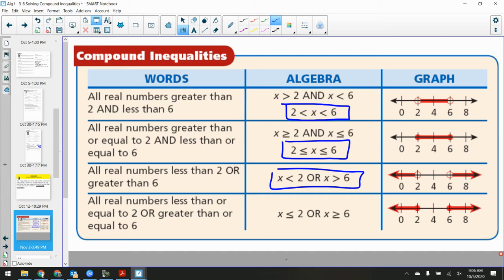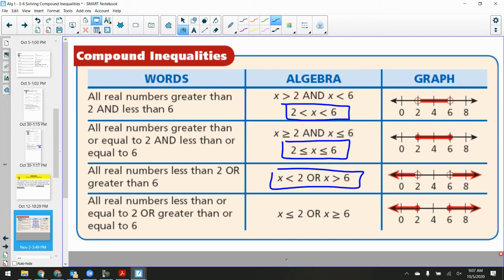So Albert, what if I had an or situation, but they were both pointing the same way? That's a great question. So if I had x is less than 2, or x is greater than negative 5, what would happen here? Well, think about the graph of x is less than 2.